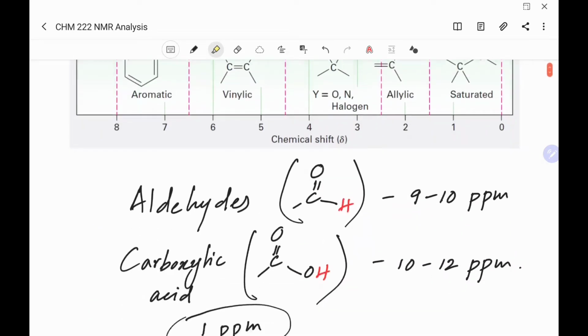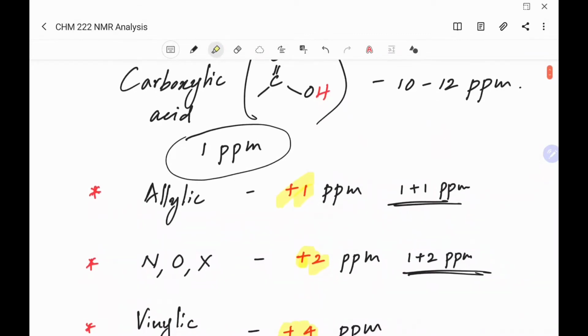When you are looking at peaks, it is easier to modify the peak using the baseline ppm value. We think that the baseline peak is around 1 ppm, and we keep adding certain values to it depending on the functional groups around.